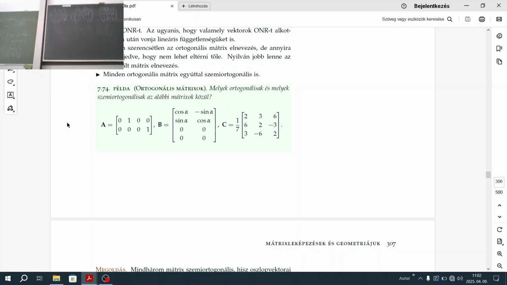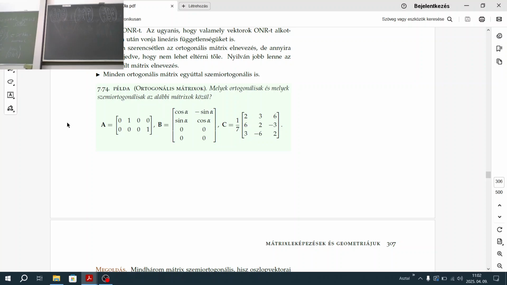But normalization means the length is 1. So for this, for example, I can do the normalization. Then that's normal, because the length is normal.